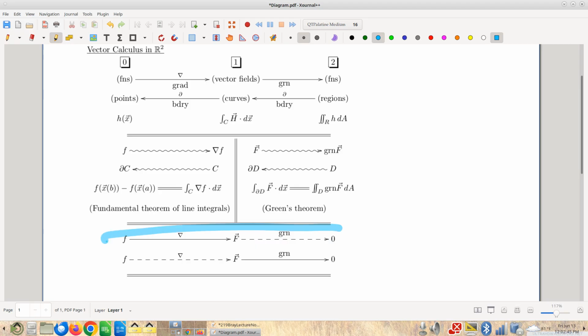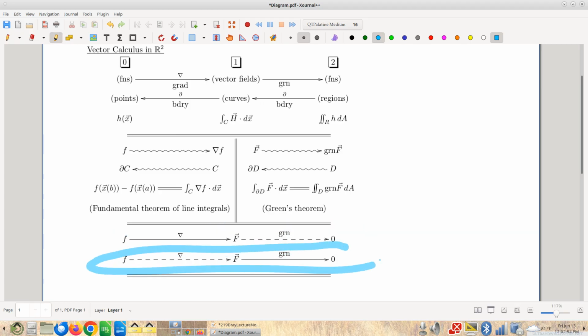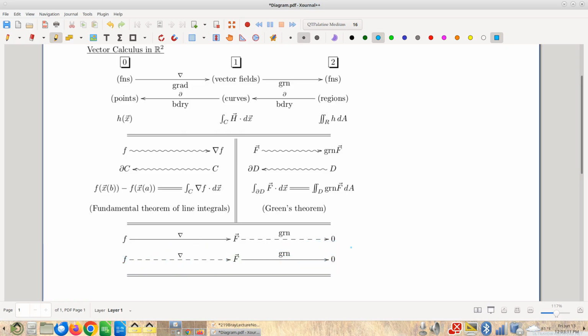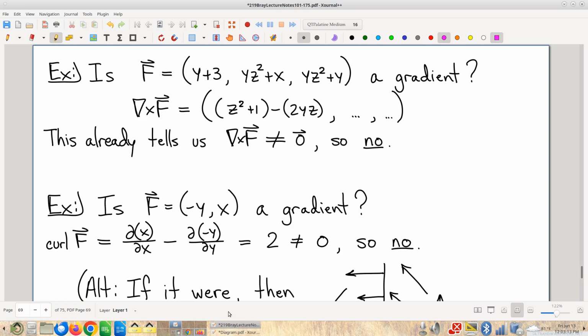So this says if you have a gradient, then curl is 0. And this says if curl is 0, aka if it's irrotational, then you can conclude that it is the gradient of some antigradient. That's all that means there. Is that cool? Yeah. All right. I think these diagrams are really super. I hope you'll enjoy them.